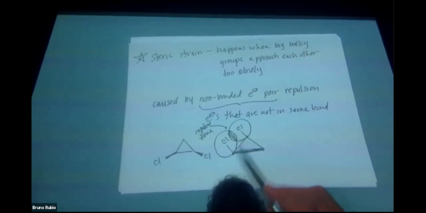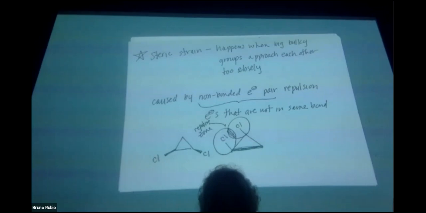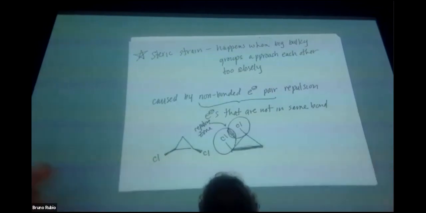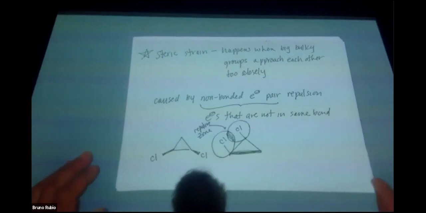It's that these chlorine atoms, they're big, they're bulky, they have gotten too close together, and the electrons that surround these atoms are now interpenetrating the zone of electrons inhabited around the other chlorine atom. So this is what causes steric strain. It's called non-bonded electron pair repulsion.